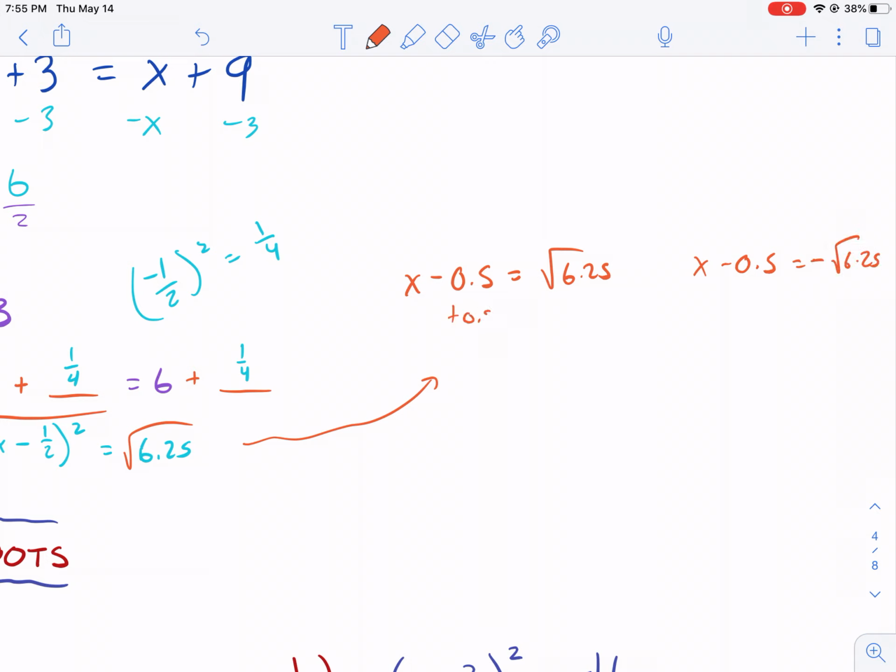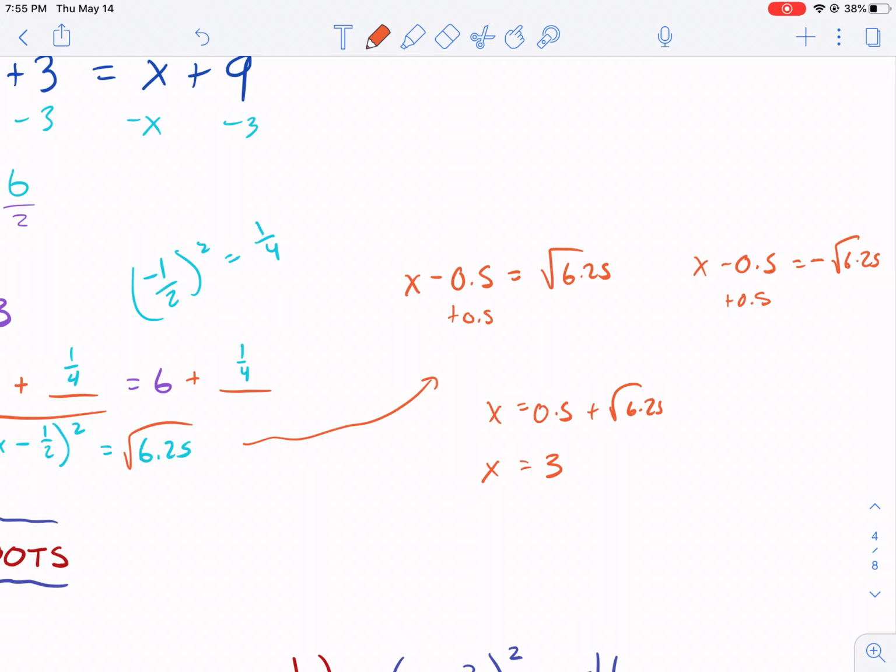So I just need to add 0.5 to both sides, and I get x equals 0.5 plus the square root of 6.25. Now I'm going to get that as a decimal. The square root of 6.25 equals 2.5. So 2.5 plus 0.5 is 3. So you get x equals 3.